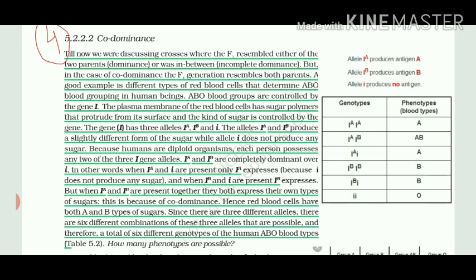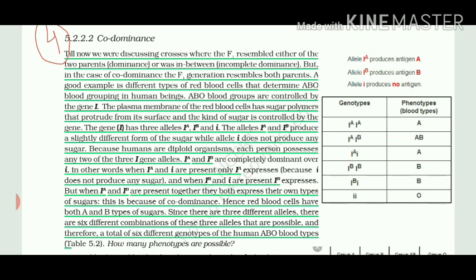Allele capital IA produces antigen A, and capital IB produces antigen B. But small i, because it is recessive in nature, does not produce any kind of antigen. For the different genotypes we have a total of 6 combinations, but phenotypes are only 4.